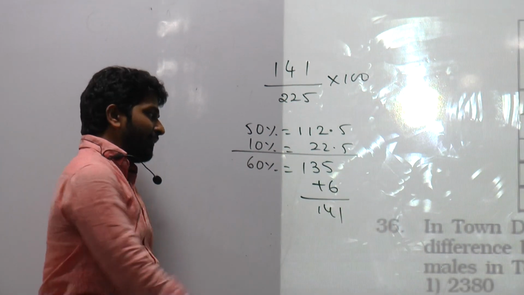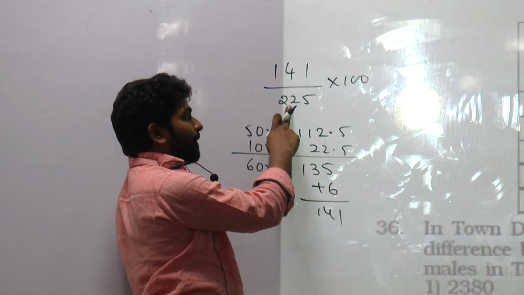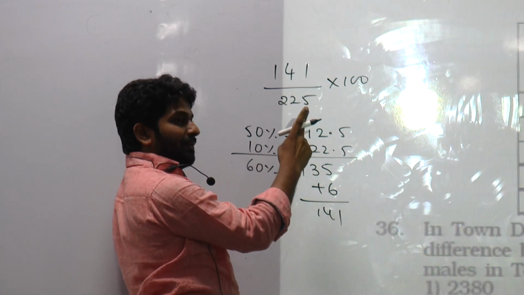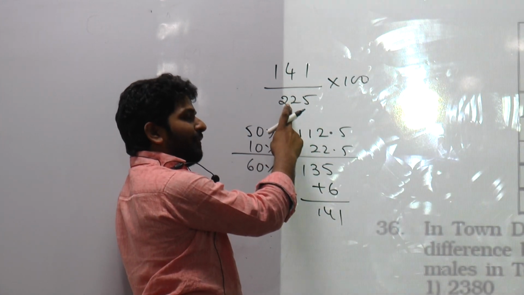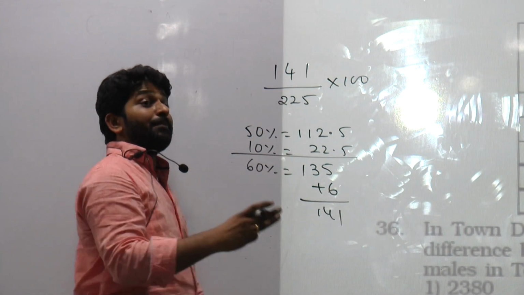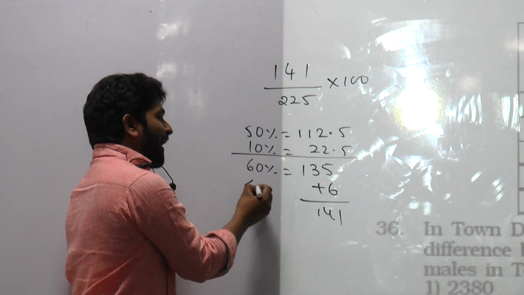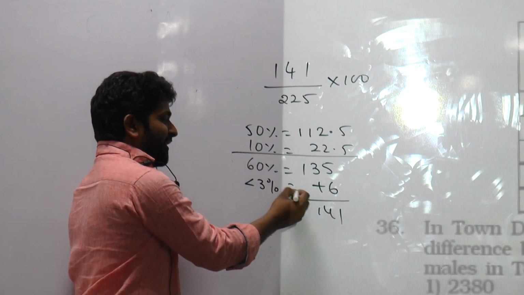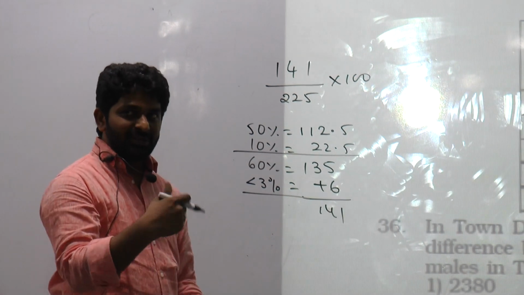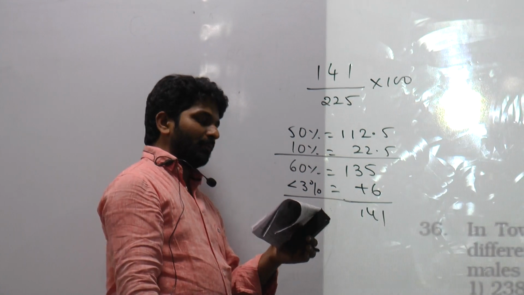Now you need to identify 6 forms what percent here. What about 1%? 2%? 4.5. 3%? 6.75. So you need to add 6 only. So you need to add a number which is less than 3%. Answer is more than 62% but less than 63%.